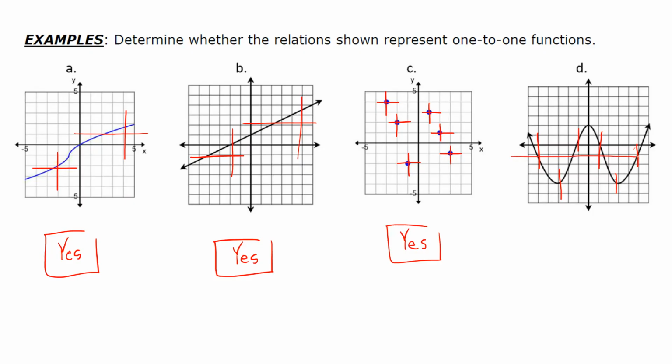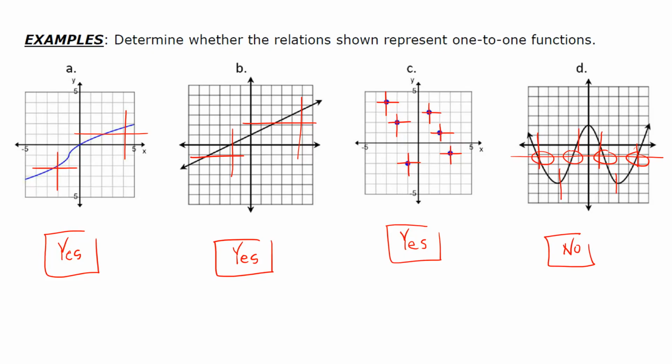If I draw a horizontal straight through here, I see that it touches the graph 4 times. So the inverse is not a function. So since the relation is a function, but its inverse is not a function, this is not one-to-one. Okay?